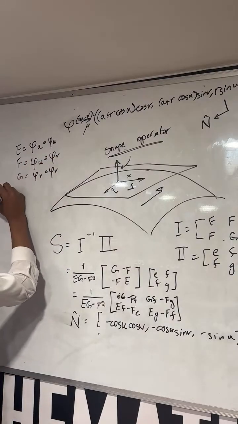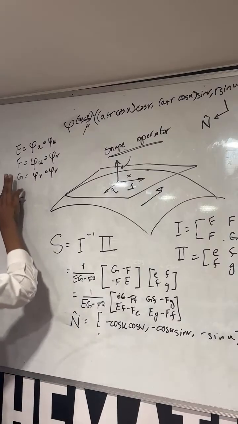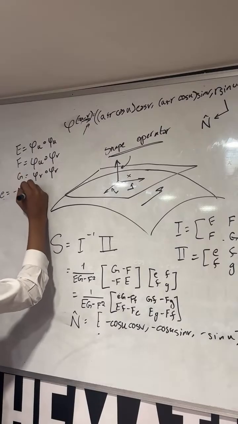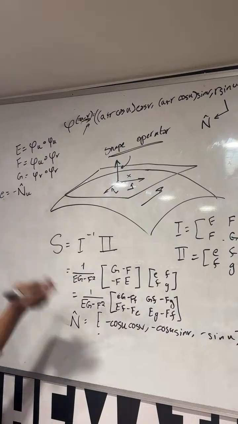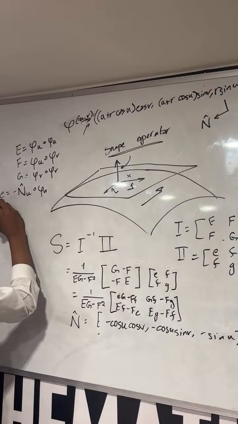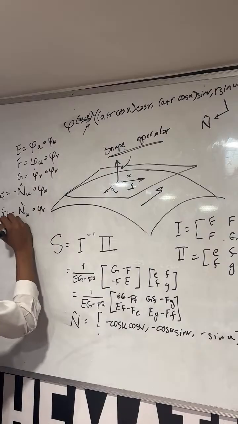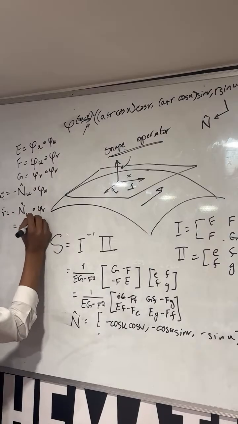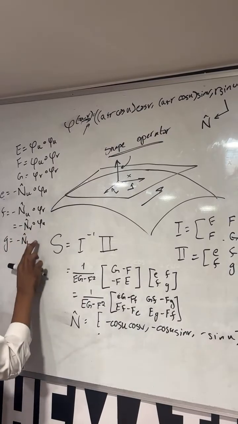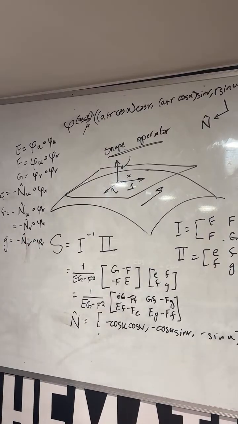Then little e, and this is where our unit normal field comes into play, is equal to minus the partial derivative of the unit normal field with respect to u, dot phi u. Little f is minus nu dot phi v, which happens to be equal to the same thing the other way around, and g is minus nv dot phi v. Okay, good.